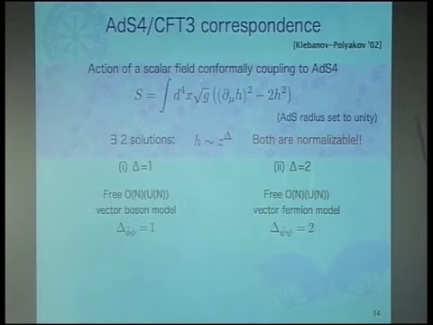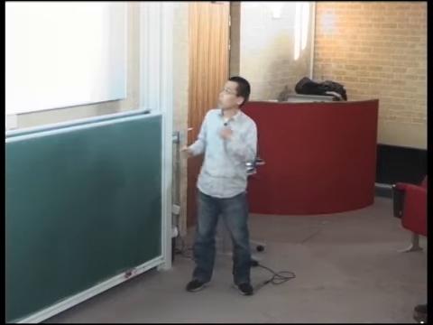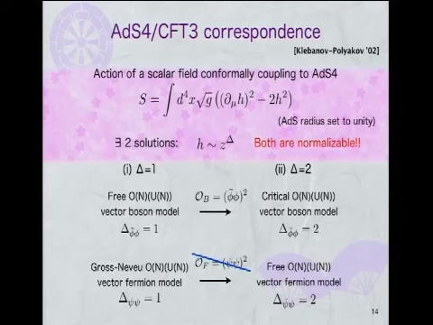Of course, there's more than this. According to their claim, there are two other CFTs. One is called the critical O(N) or U(N) vector boson model, which can be obtained by adding a double trace operator to the free theory and flowing to the IR fixed point, the so-called Wilson-Fisher fixed point.